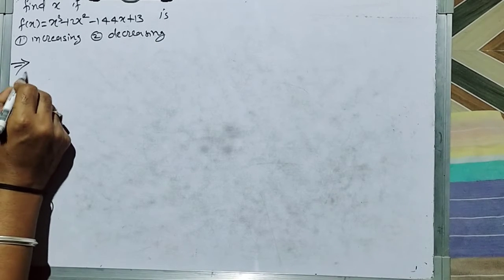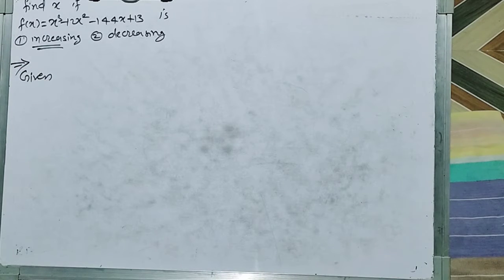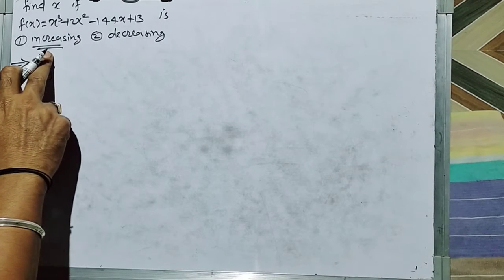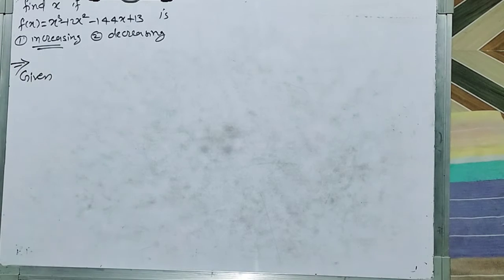So here given, here increasing means what? Derivative is greater than or equals to 0, and strictly increasing means what? Here increasing means derivative is greater than or equals to 0, and if it is strictly increasing then its derivative must be greater than 0.